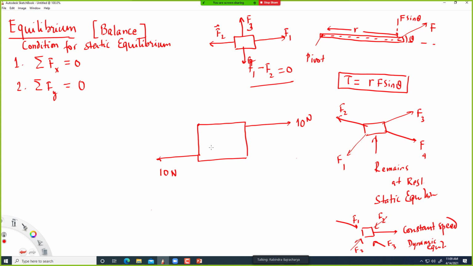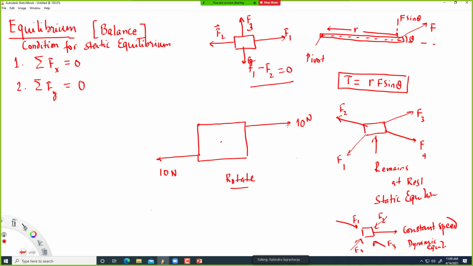Now if I apply 10 Newton to that side and 10 Newton to this side, they are still opposite to each other. One is to my front, the other one is to my back. But now this won't be at equilibrium. It will rotate, right? If I apply force this way and this way, it will rotate. So these two forces will rotate this object, which means it's not in equilibrium anymore.